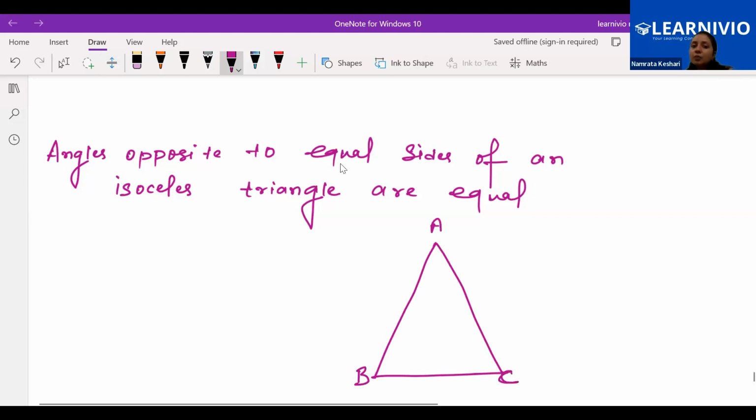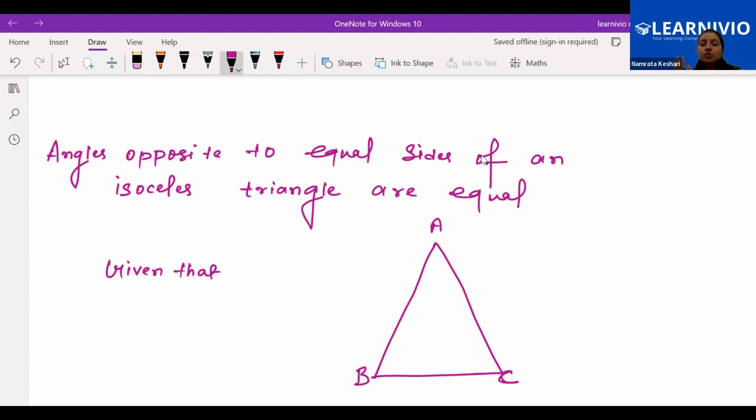Given that two sides are already equal, it's an isosceles triangle, we have to prove the angles are also the same.